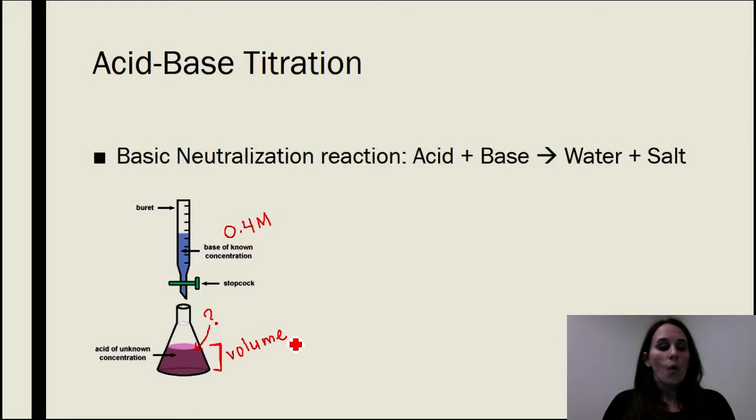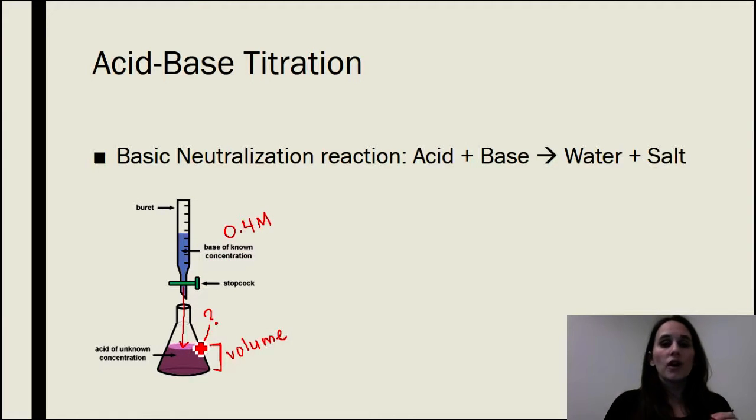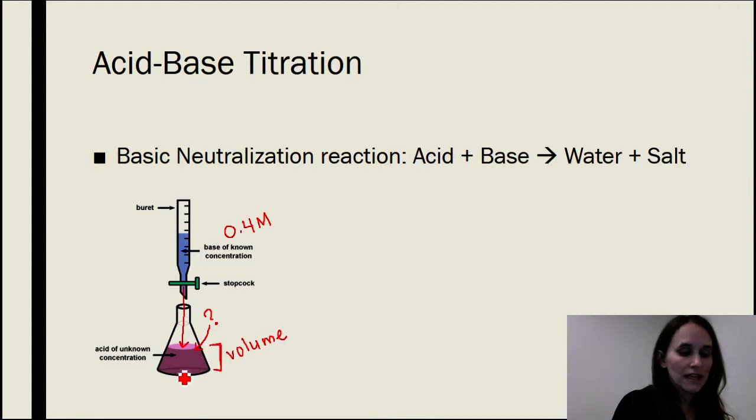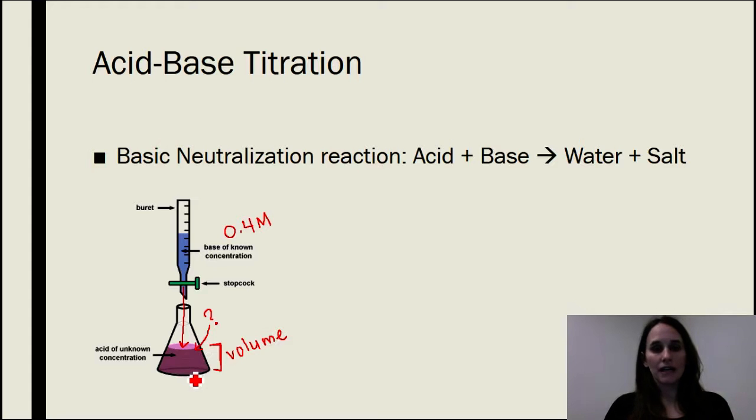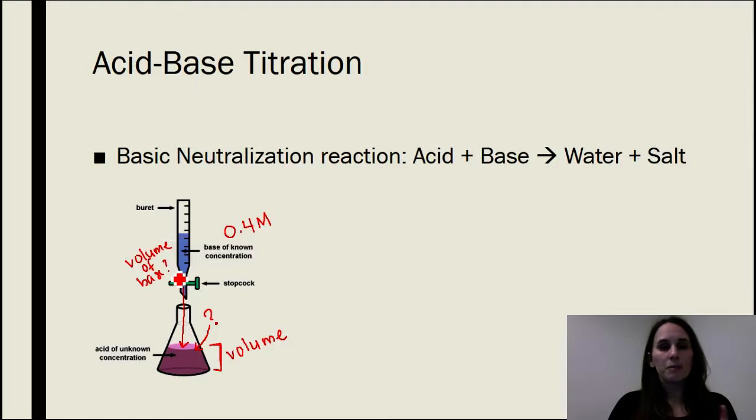And so this becomes a type of stoichiometry. We add base to our acid, and we know that we've neutralized it when we see the lightest color change possible, because we're going to have our phenolphthalein in here and it turns light pink. Then we can use the volume of base: how much base did it take?